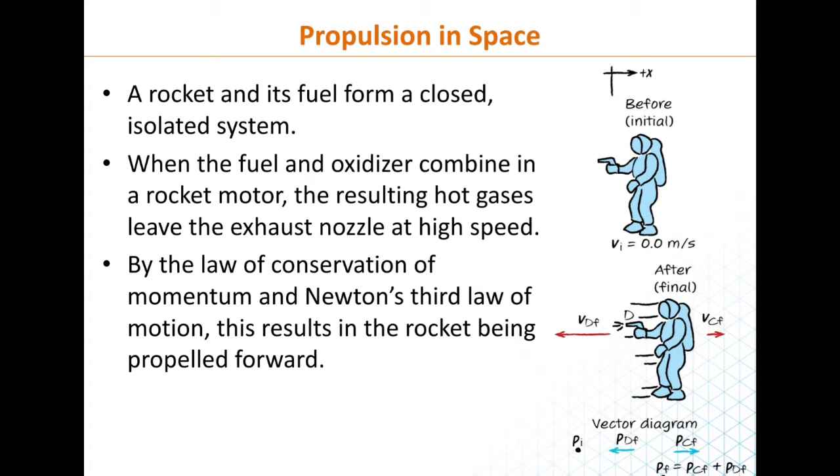These hot gases leave the exhaust nozzle at a high speed. So by the law of conservation of momentum and Newton's third law of motion, the rocket is propelled forward because of the hot gases that left the exhaust nozzle at high speed. That results in the movement of the rocket forward.